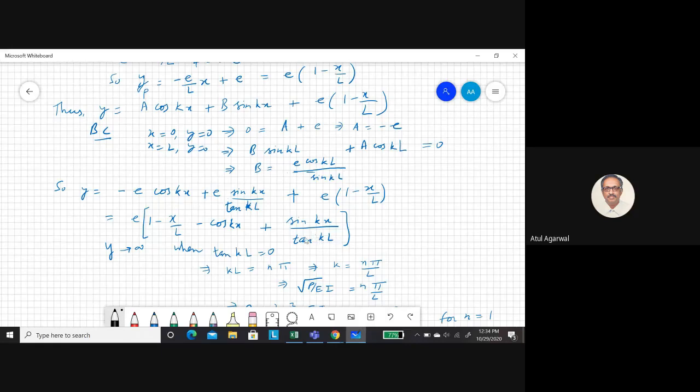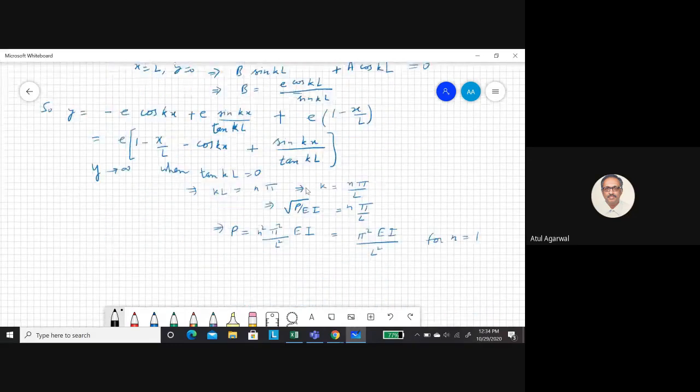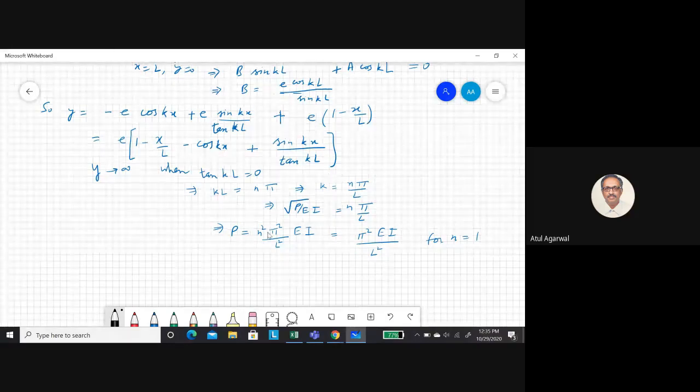You have a 0 in the denominator, and you will have an infinite value of the deflection. So if you say kL is equal to n pi, and the value of k, you see, was root of P by EI. Earlier we had done it. So you get a value of P at which you get very large deflections. So this is a case of buckling.